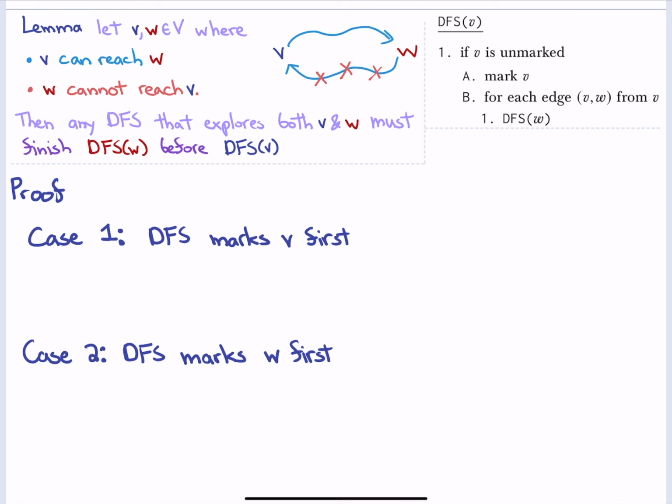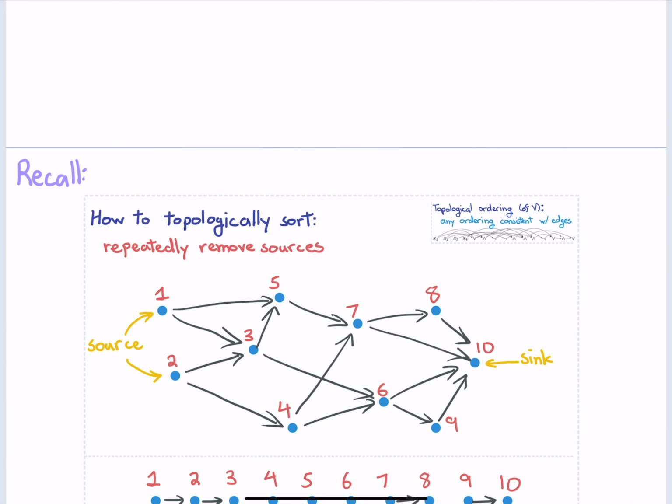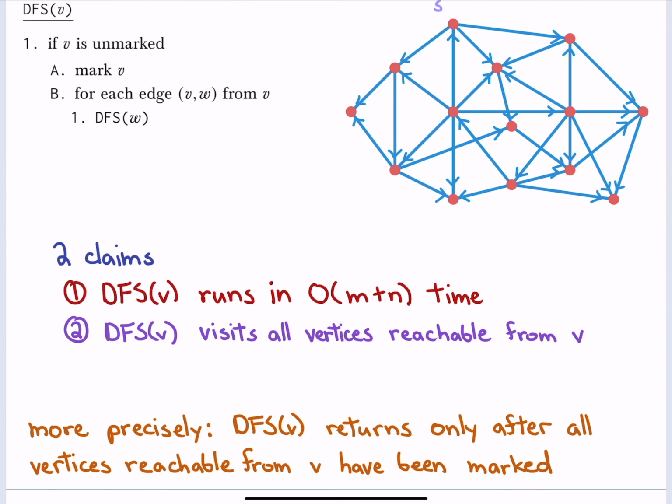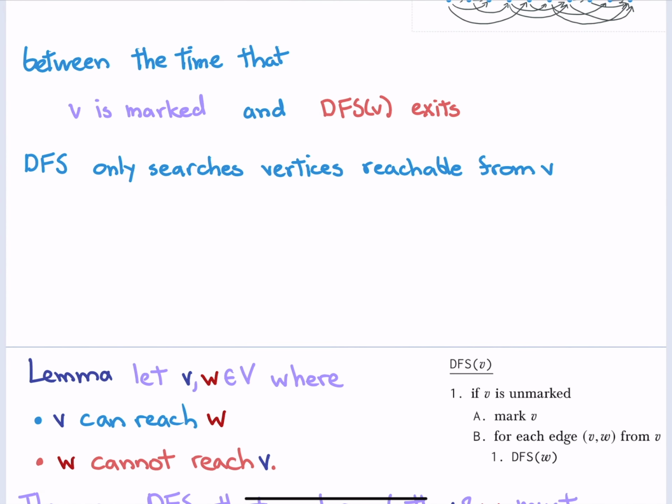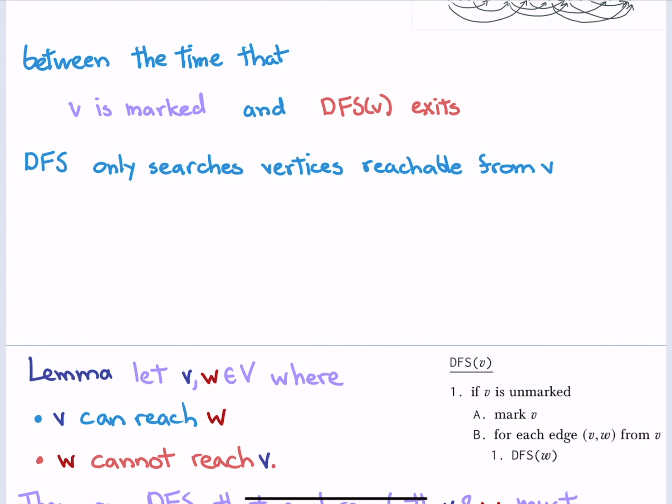I'm not sure why finishing W implies a path from W to V. Well, one thing is we can recycle one of these observations from up above, which is that DFS V will visit all the vertices reachable from V and only return after all the vertices reachable from V are marked. So we can just drop in this statement, which has an argument not dissimilar to what you suggested.